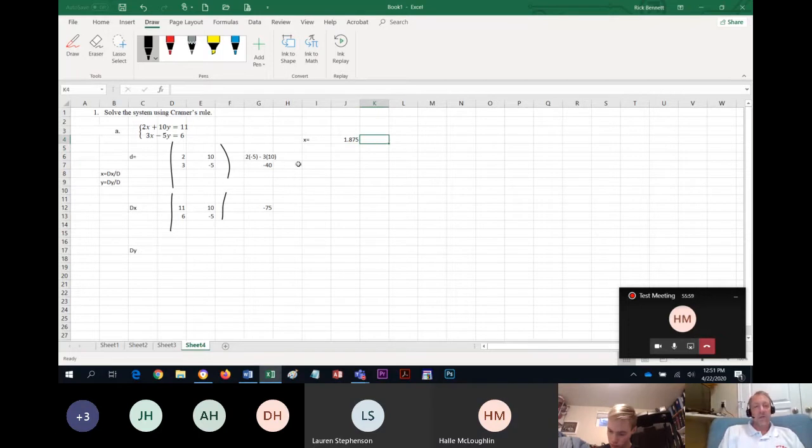Or those are both divisible by 5. So if we left that as a fraction, 5 goes into 75, 5 times 1 is 5, 15 over 8.